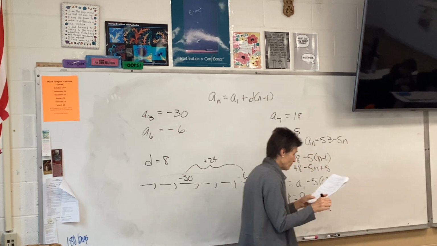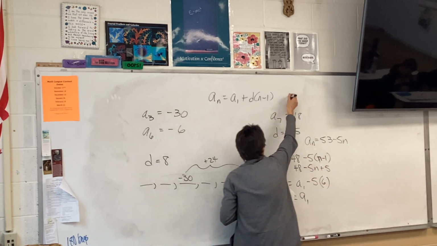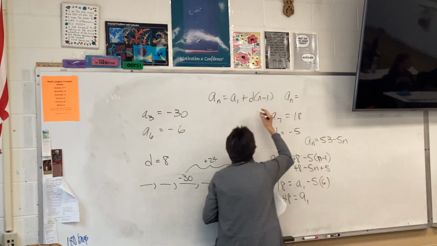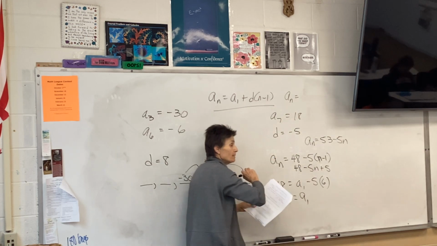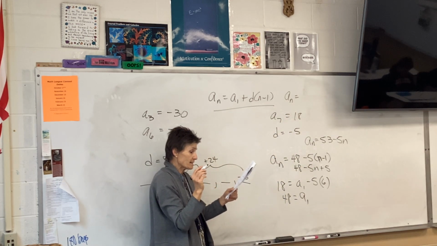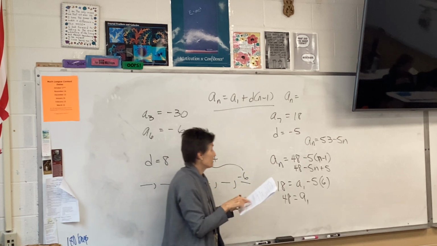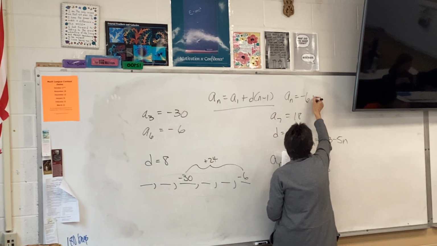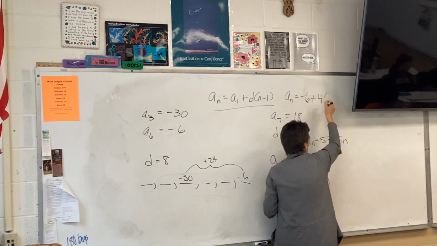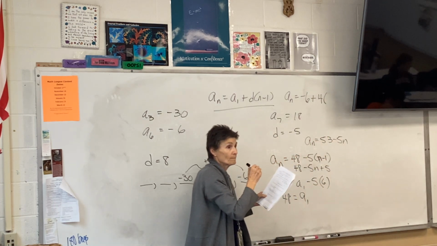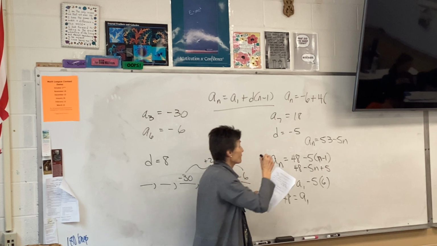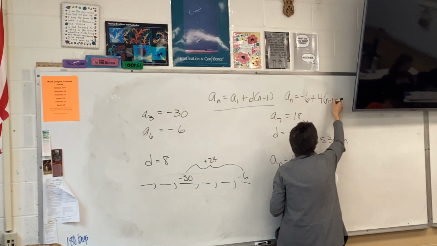Write an expression for a sub n, the nth term of the sequence. So we're going to do exactly what we just did. What is a sub 1? Negative 6. Plus, didn't we just figure out that the common difference was 4? And minus 1.